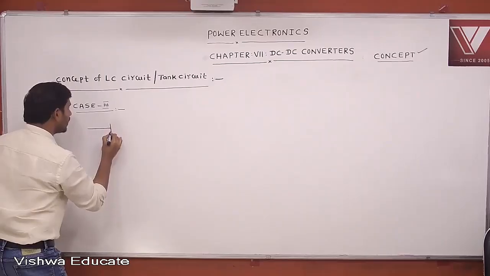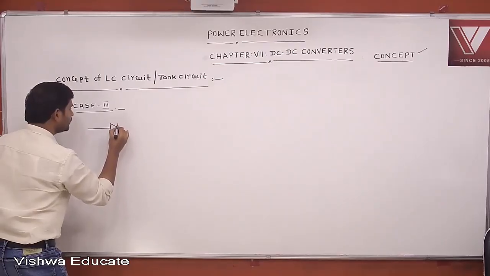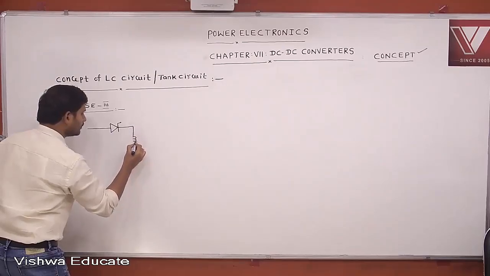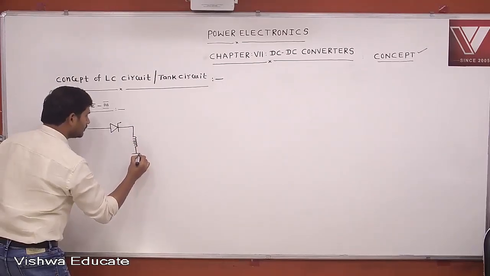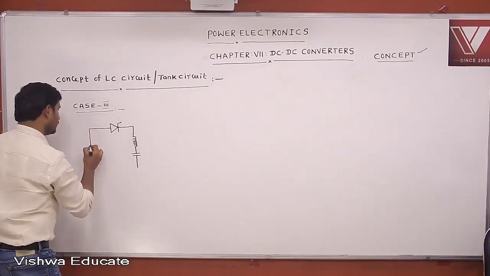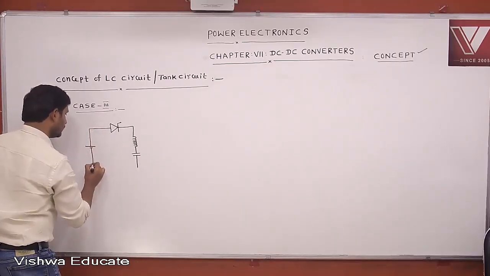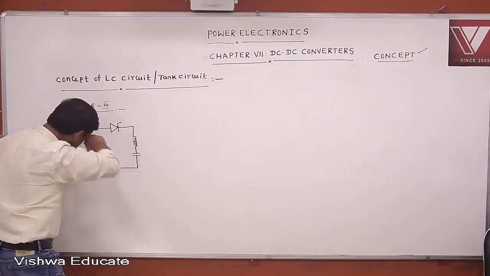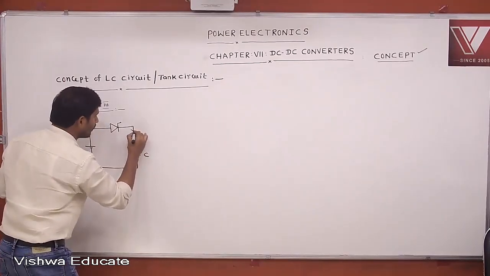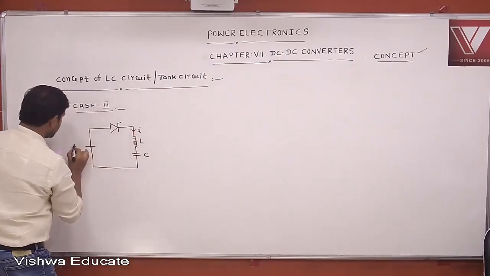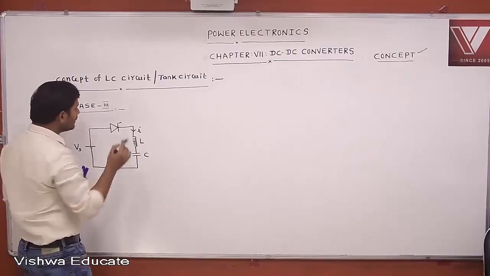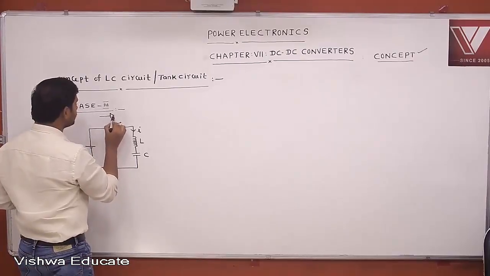It may be a thyristor or diode. The supply voltage is Vs. It may be a thyristor or it may be a diode also.